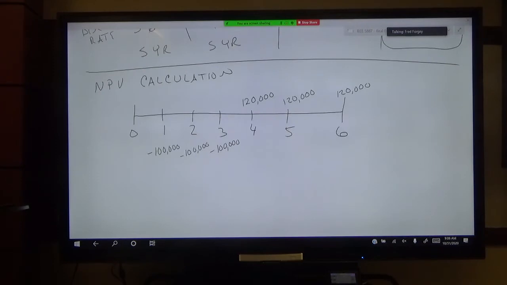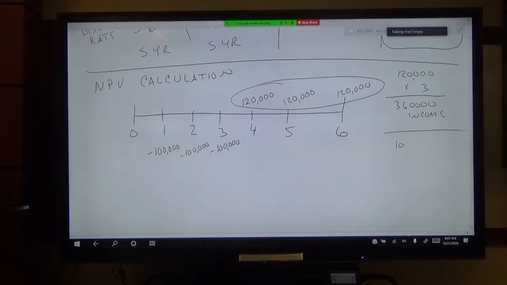Let's just start with the basics. 120,000 times 3, just to make sure that we don't screw it up, 120,000 times 3, 360,000 of income.